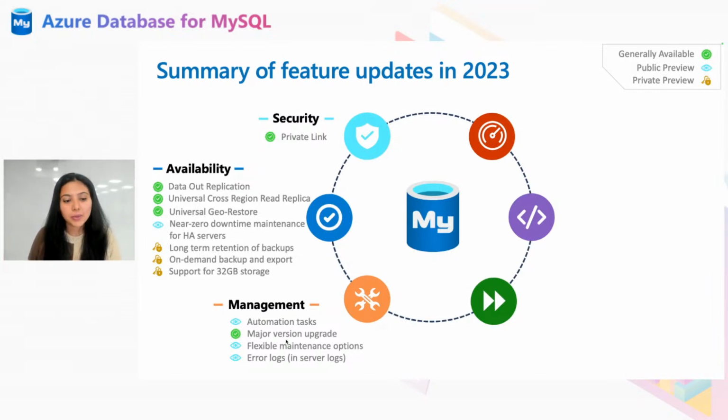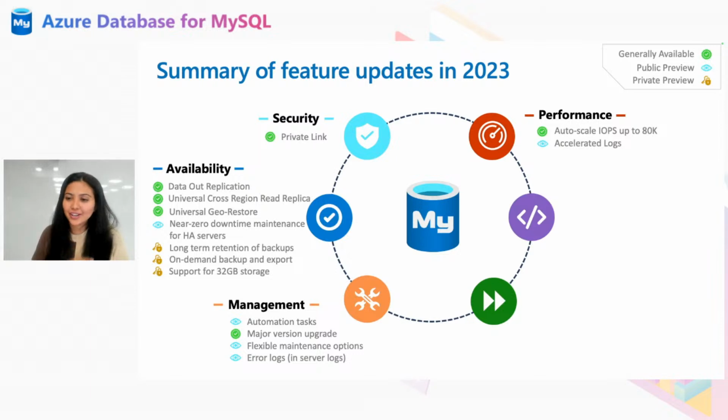Now, we also spent a significant amount of effort to improve the performance of the Azure MySQL servers as well. Autoscale IOPS, which went GA very early last year, enables you to automatically scale IOPS up and down depending on workload trends. So you no longer need to pre-provision IO or pay for the resources that you aren't fully using.